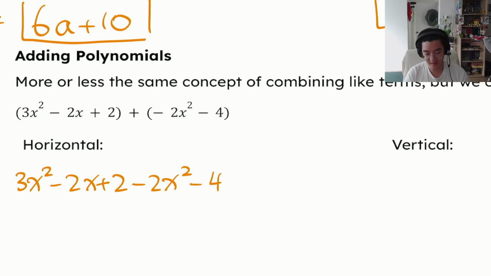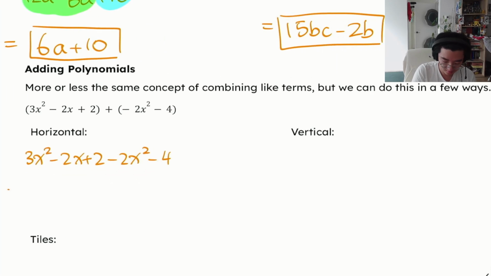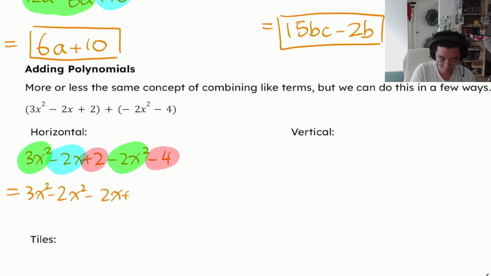You can do it horizontally, like what we were doing earlier. So we lay everything out horizontally like this. We group the numbers together, the variables together. So we got x squared here, the x by itself, and then the constants right there. We rearrange it. So 3x squared minus 2x squared minus 2x plus 2 minus 4.